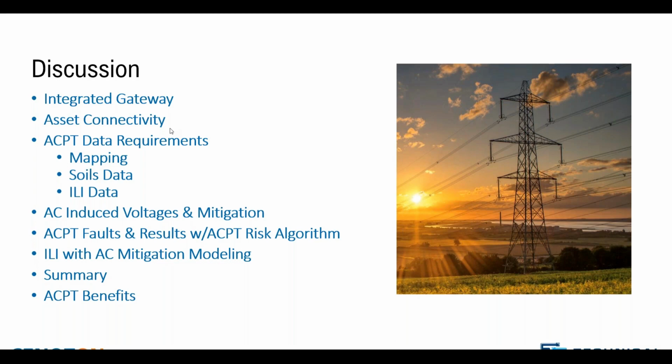Then Joe, the SME for AC mitigation, will be talking about induced voltages and mitigation, faults and results, inline inspection and how that relates to AC mitigation, and then we'll have a brief summary and a discussion on the benefits, and as Nick mentioned, a Q&A period for any questions that come out of today's discussion.